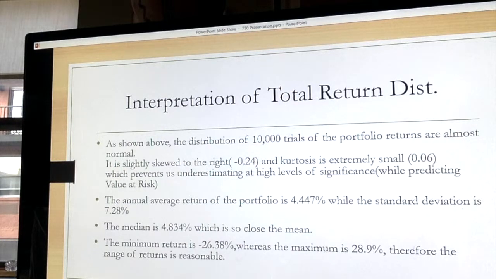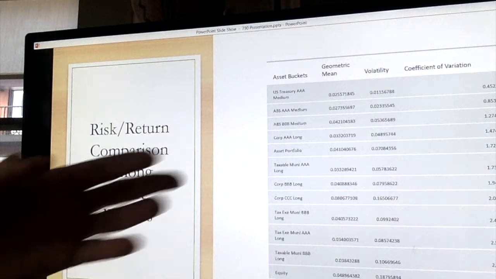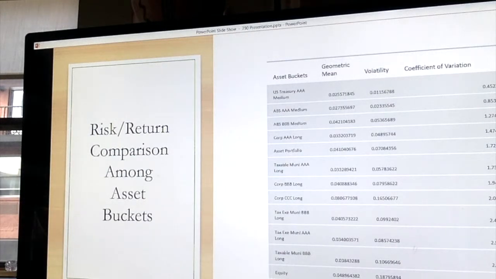Now I would like to talk a little bit about the risk-return performance of the asset buckets. I included some popular asset buckets here. You will see the corporates, which is the biggest share, and the tax-exempt and taxable municipals, which is the second biggest share in CNA's asset portfolio.